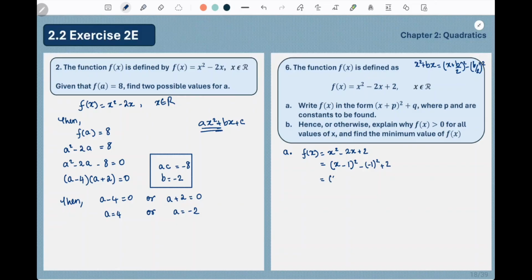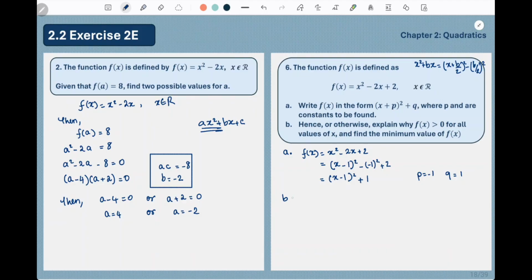So (x minus 1) squared, and minus 1 to the power of 2 is 1. 2 minus 1 is 1, so plus 1. So in this case, p is minus 1 according to this, and q is equal to 1. So indeed they're constants as required.